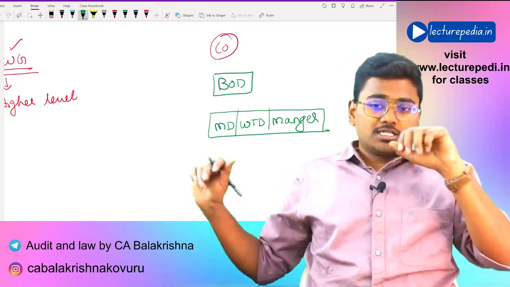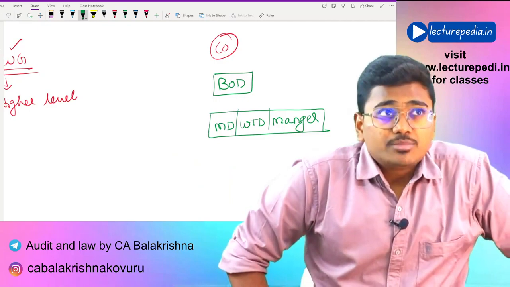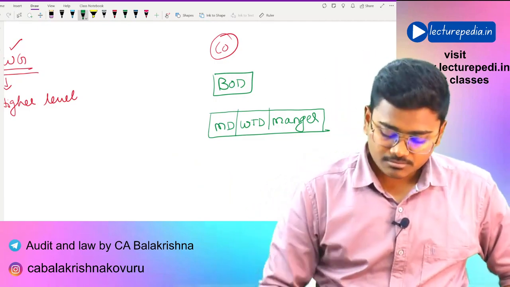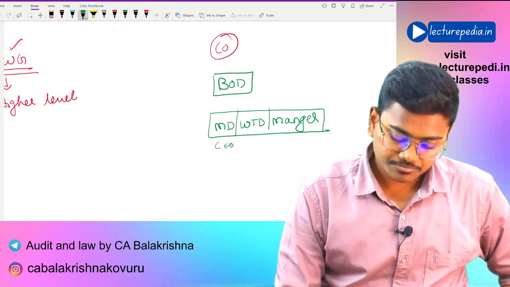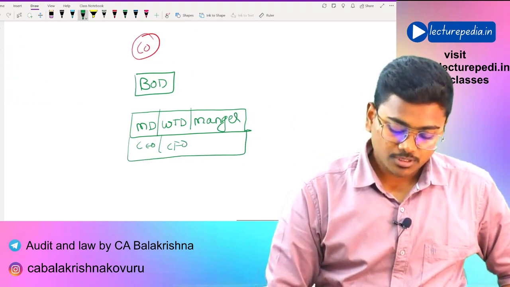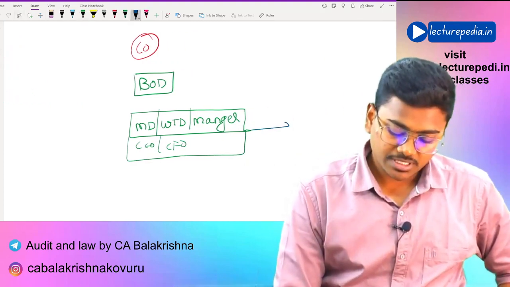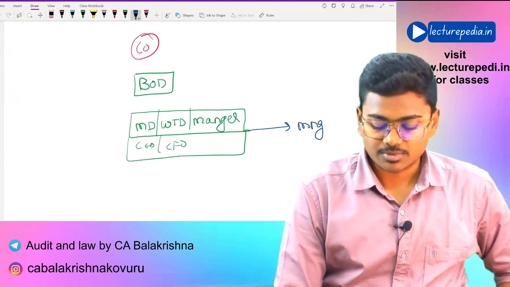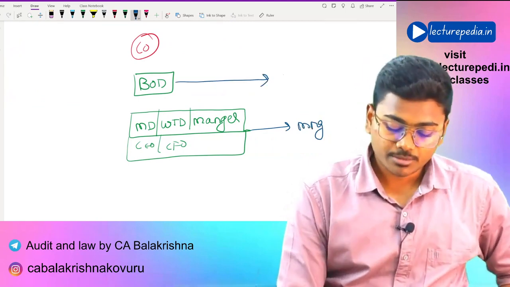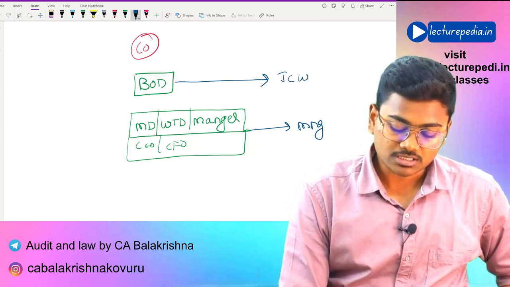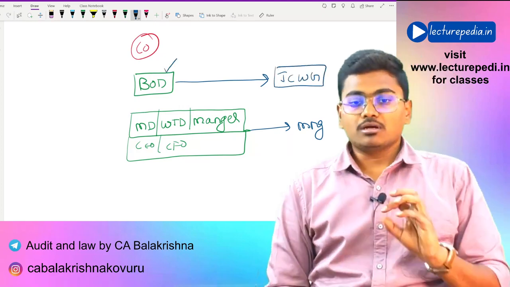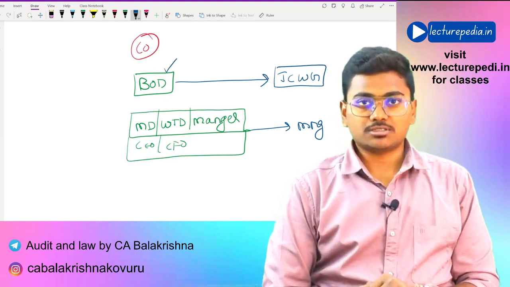Basically, this managing director, whole-time director or manager will be responsible for day-to-day activities of the company. And in the same way, CEO, CFO, these people will be coming under management, and the board of directors will be coming under those charged with governance. The board of directors will be concerned with the decision making process.